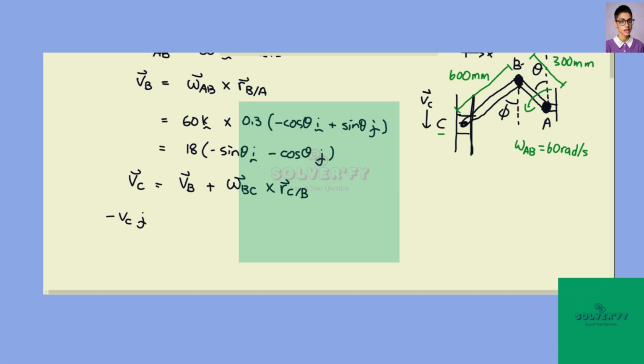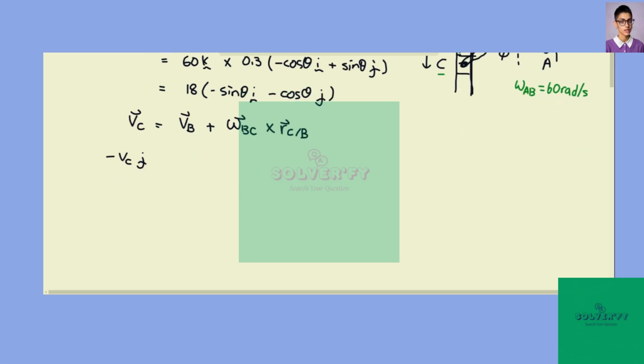So the VC vector will be minus VC J, and VB will just be what we obtained before, 18 times minus sine theta I minus cosine theta J. Then omega BC will be omega BC in the K direction cross the position vector of C relative to B, which is 0.6 times minus cosine phi I minus sine phi J.